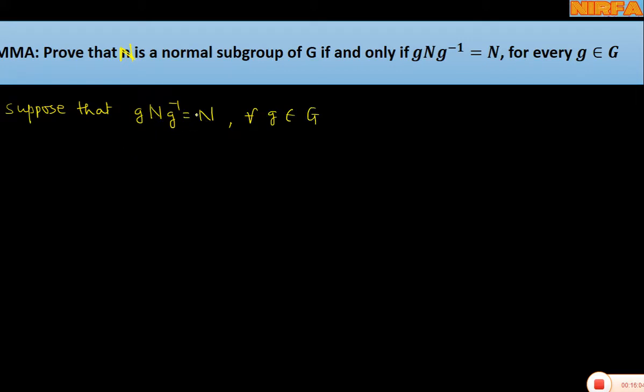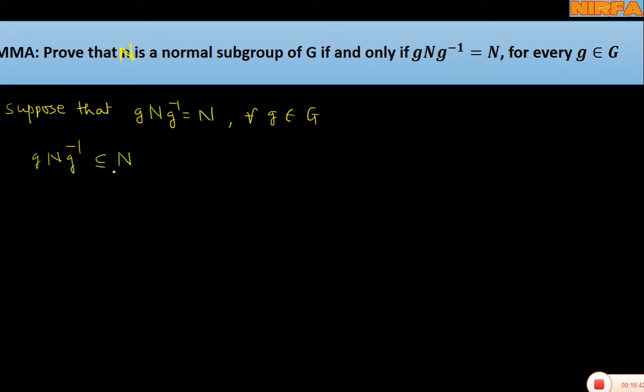Now, if you observe, this is a set, the left side is also a set, and both sets are equal. When two sets are equal, it is only possible when these two sets are subsets of each other, that we know. And therefore, our conclusion from this equality is that g N g inverse, the set on the left side, is a subset of this N, as well as N is a subset of g N g inverse. But I am considering only one case.